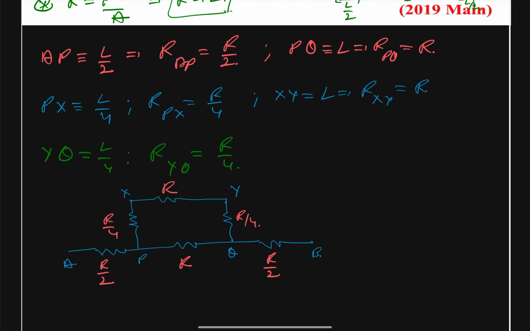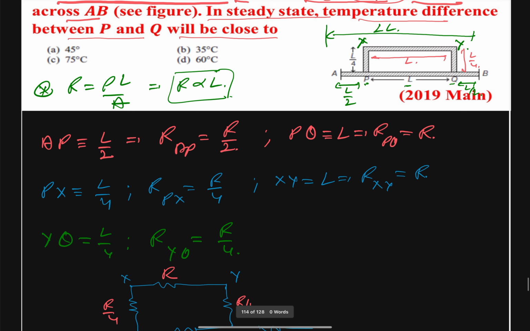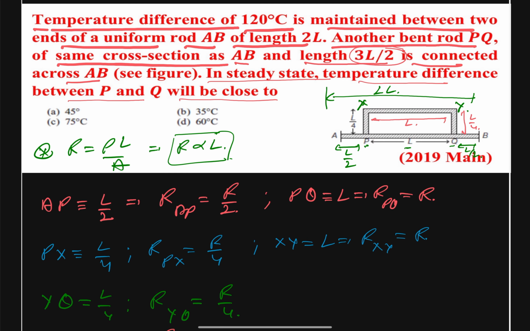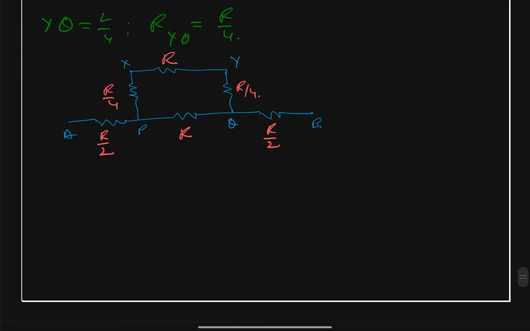So we got the resistance network, and the temperature difference is 120 degrees centigrade. For convenience, we can assume that A is at 120 degrees centigrade and B is at 0 degrees centigrade, so the difference between the two is 120.